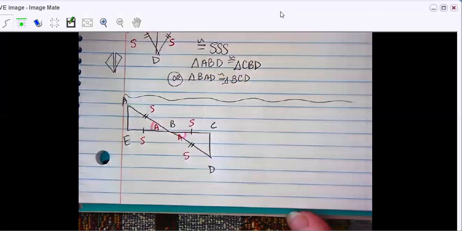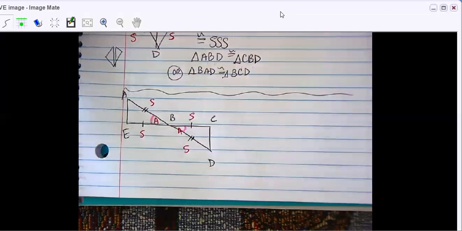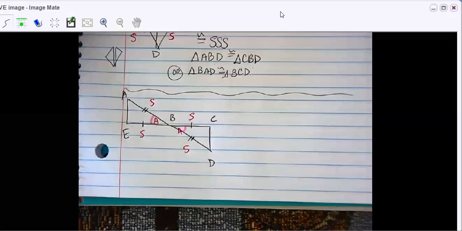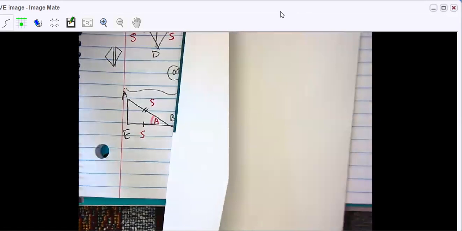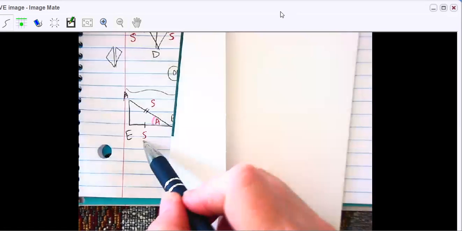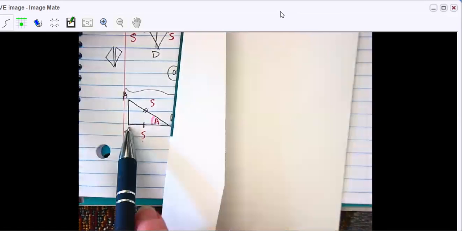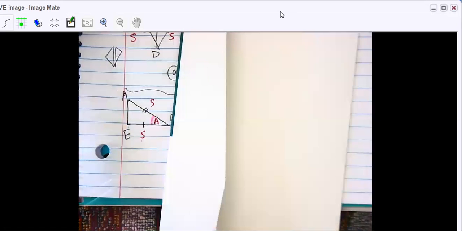Now here's where I have to take a minute to explain. If I cover up the triangle on the left, we're going to look at the letters and the order of the letters. If I started at the bottom S and went to the left, I would skip an angle, skip a side, and skip another angle to get to my next S. I can't do that. It doesn't work. They must be consecutive, one after the other. So if it's going to be an S and then an A, it better be the very next angle possible.